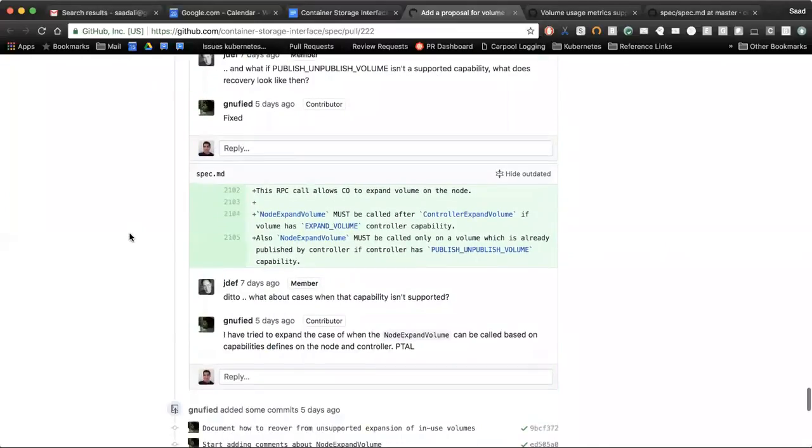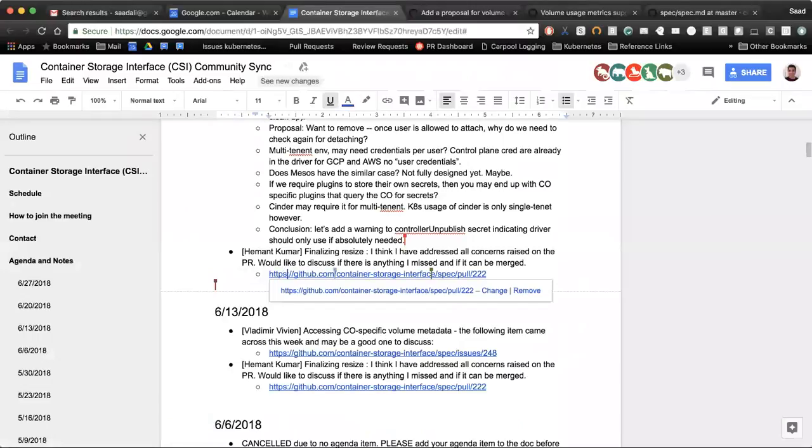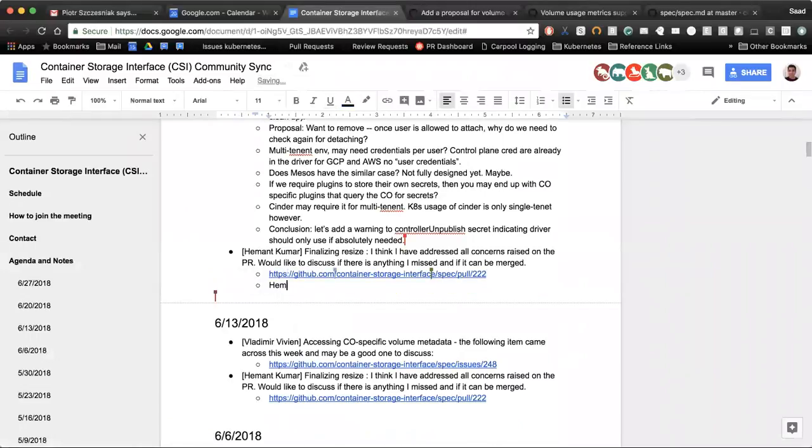The problem is specifically between node stage volume and node publish volume, when this gets called. I have tried to not use the must word there, like you must use after node stage. The problem is that a CO may decide to call this after node stage but before node publish, or it might decide to call it after node publish.